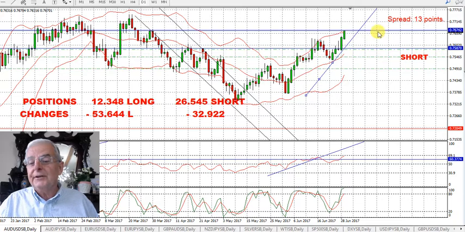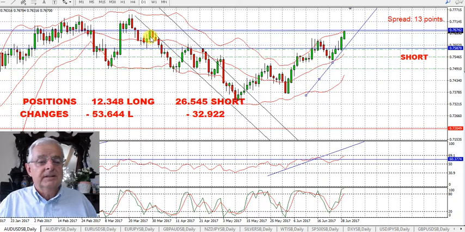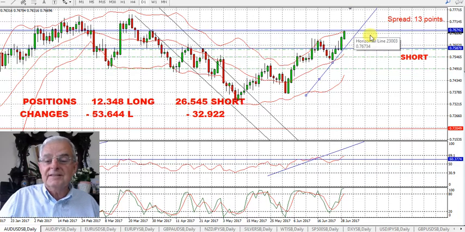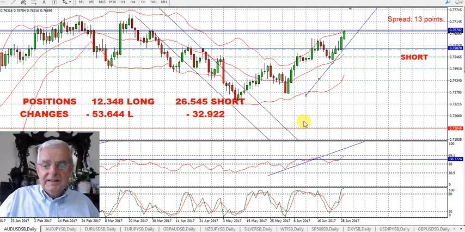This looks like it's going to crash through this resistance here. We'll see how that goes, but it's having a good look at it. Took a couple of days before, 2-3 days back there, but I'm expecting this to go over the resistance here. So not a time for shorting it at the moment.